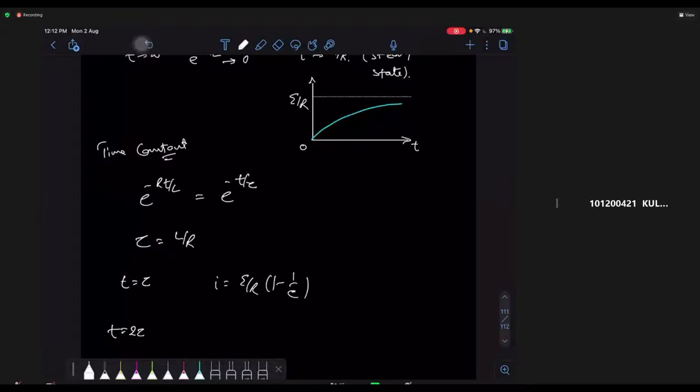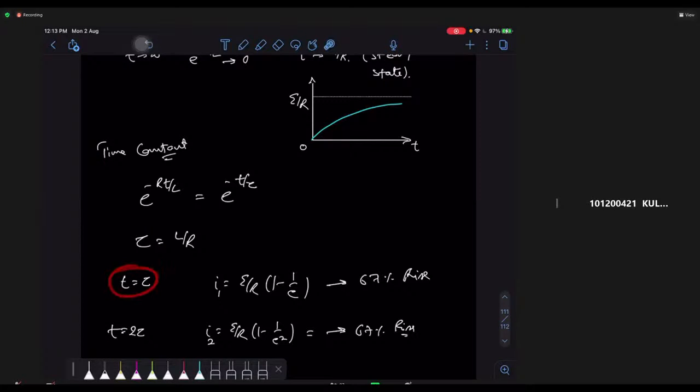If time is equal to 2 tau, your current will be E by R times 1 minus 1 by e squared. This factor of 1 by e, in the RC circuit I told you, is the same here. 1 by e means 37%, and this is going to be nearly 67%. In percentage, something around a 67% rise.